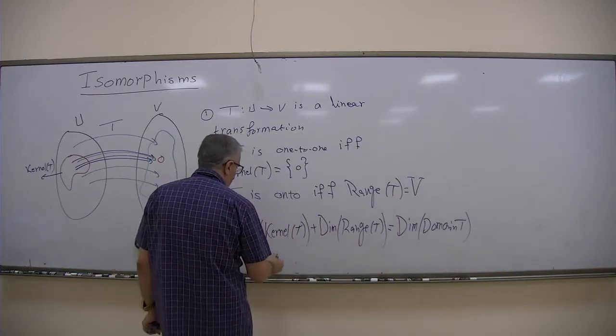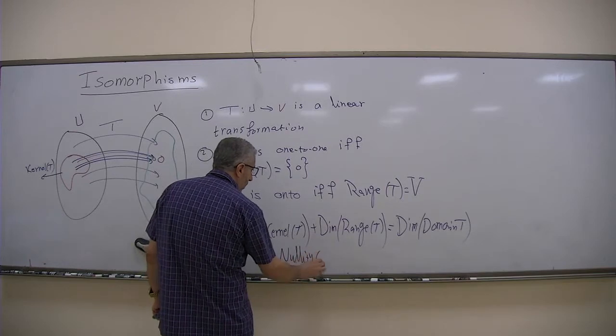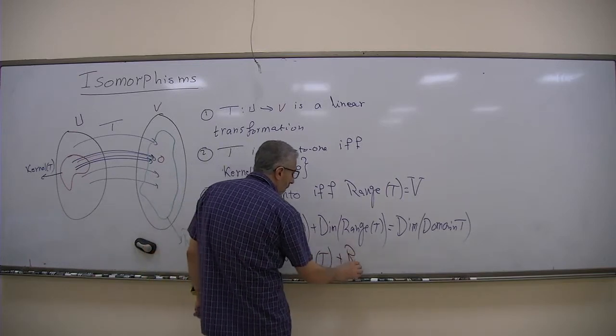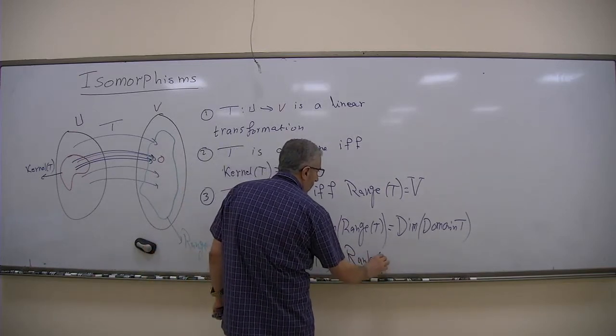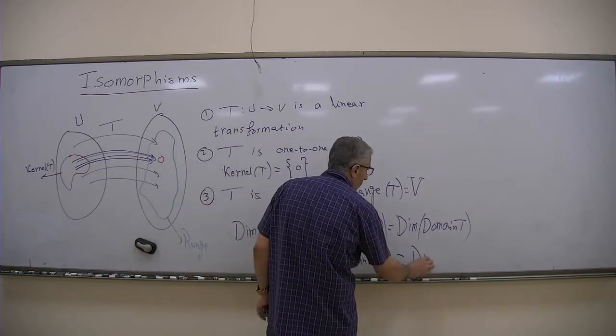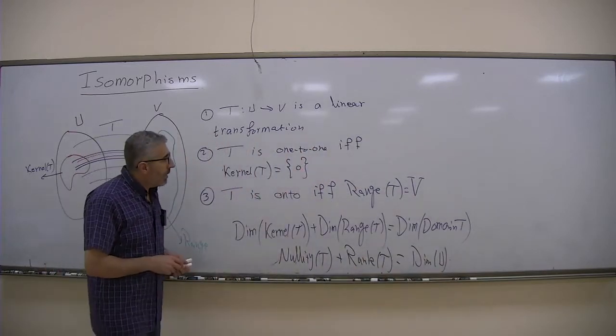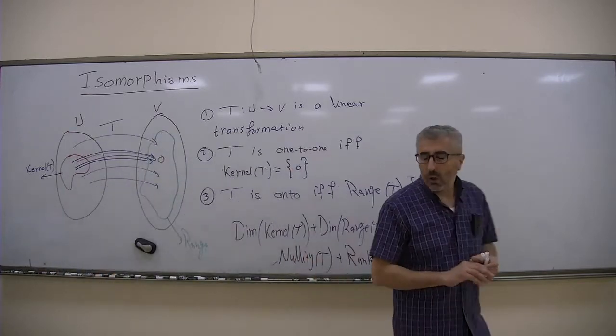In other words, nullity of T plus rank of T equals the dimension of the domain, which is U. We discussed all of this and gave examples about all of this.